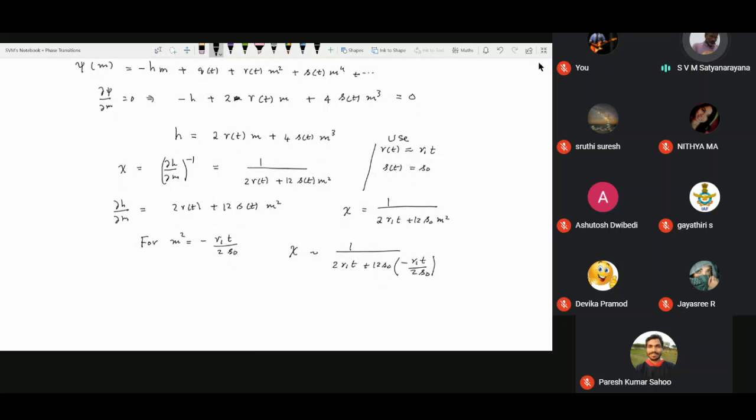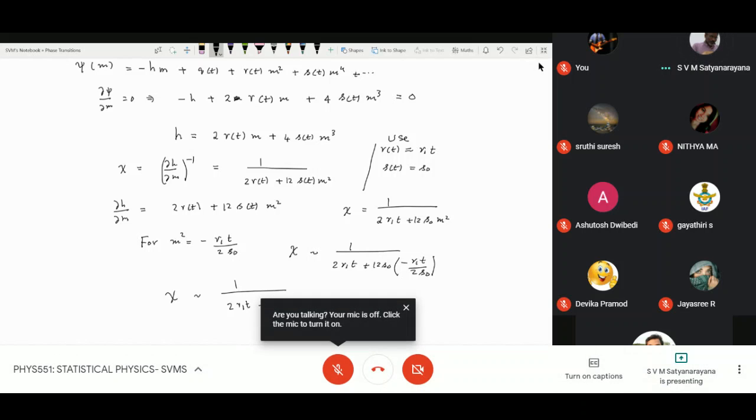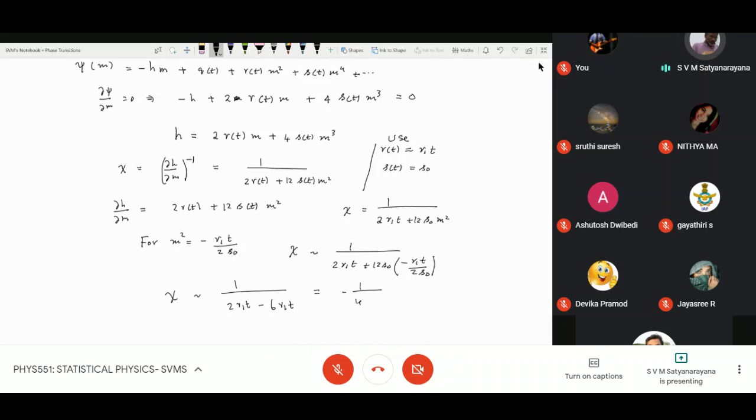That is what will give me chi equal to 1 by 2 r1 t minus... so you can see s naught will cancel, minus 6 r1, which is equal to 1 by minus 4 r1.